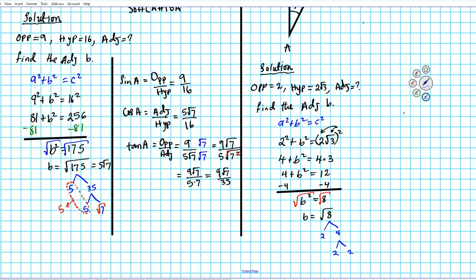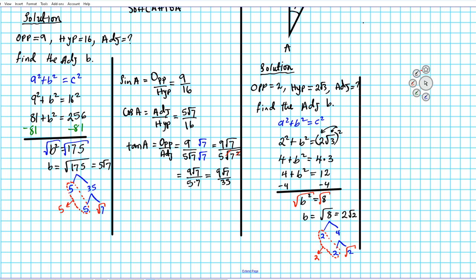Oh yeah, we have a perfect square here. 2 times 2 is 4, or 2 squared. And when you root that, you just get 2. And then this one stays behind. So the simplified form of root 8 is 2 root 2. So now we have our adjacent, or little b, is 2 root 2.